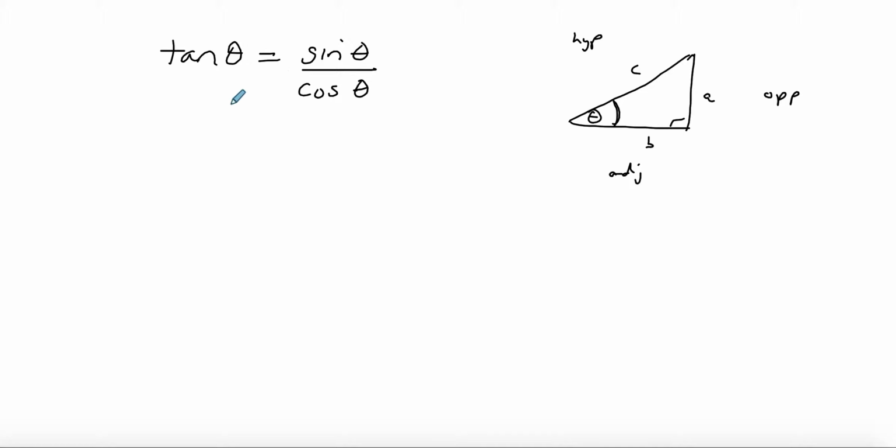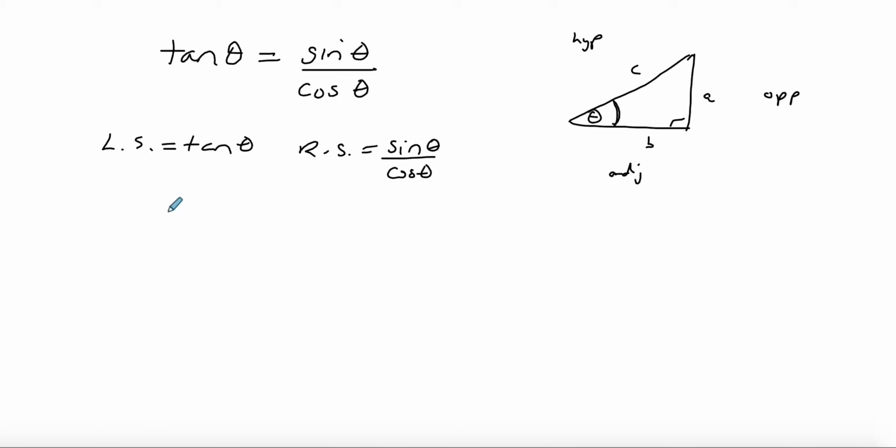In order to prove an identity, the left side first is tan theta, and then the right side is sine theta over cos theta. And we're trying to show that the right side, which is a little more complicated, actually equals the same thing as tan theta.